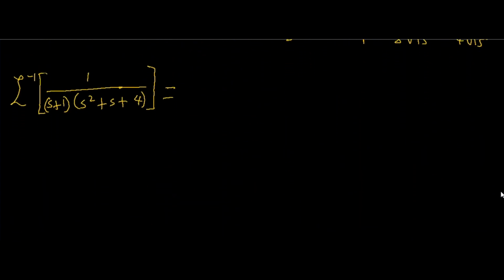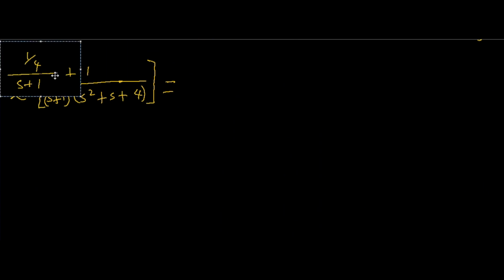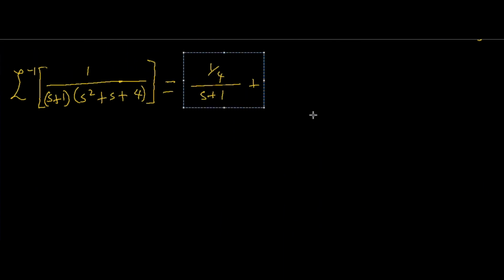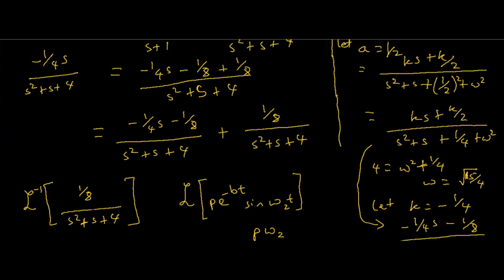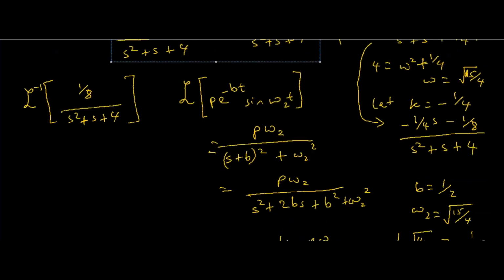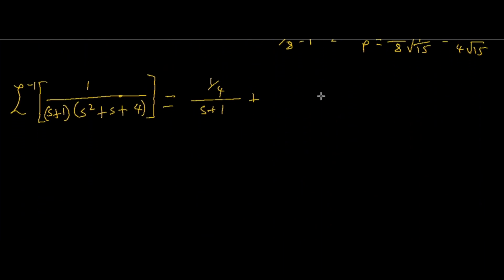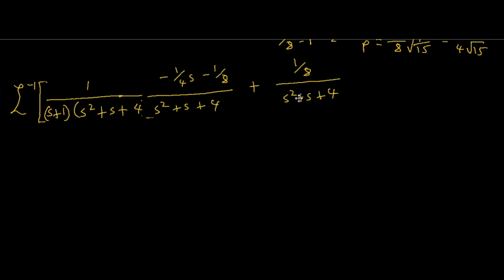I'll put that down here. So that's the first term. The second term is what we have. In fact, I could just write out these two terms. I'll copy these two terms together. Those are the last two terms that you have in there. Okay, so it's equal to this.